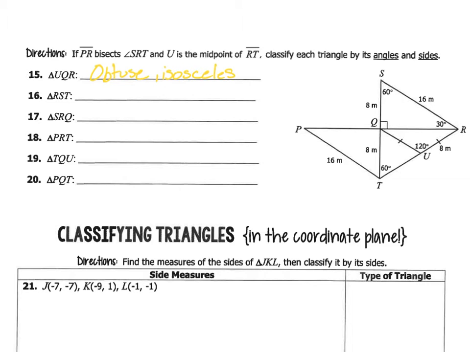Now we look at the next one. RST. If you look at that, this right here should tell you everything you need to know. All the angles are going to be the same, and all the sides will be the same.